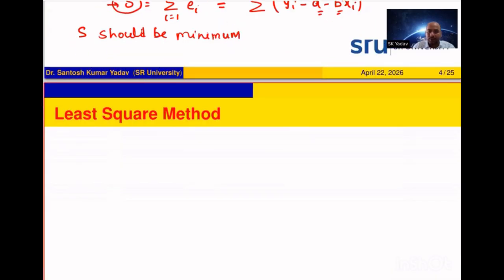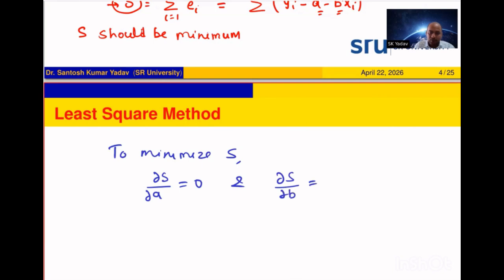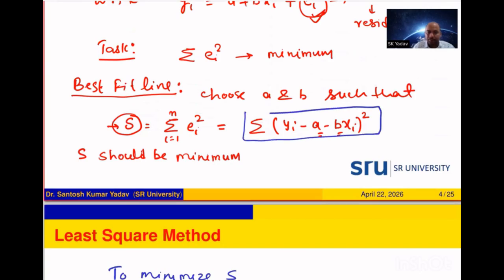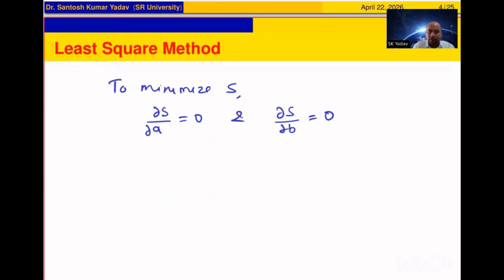So to minimize S, we have to take the partial derivative of S with respect to a and equate to 0, and the partial derivative of S with respect to b and equate to 0. Remember the summation is done from i equal to 1 to n, where n is the total number of data points. So if I do that, what will I get here?